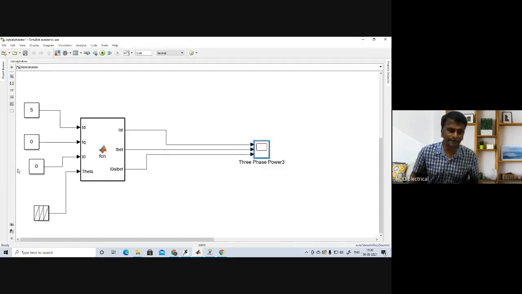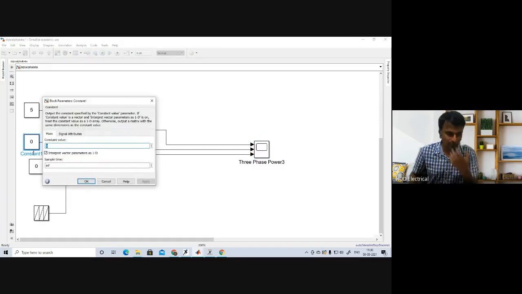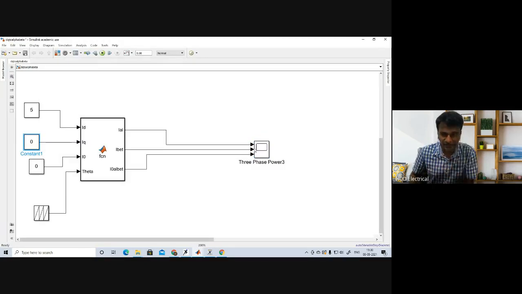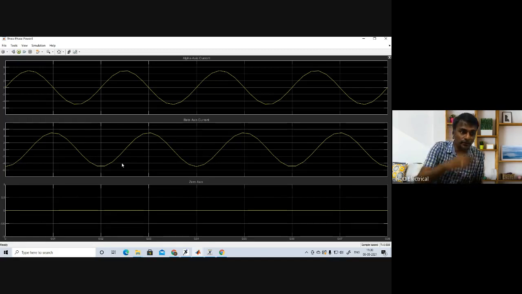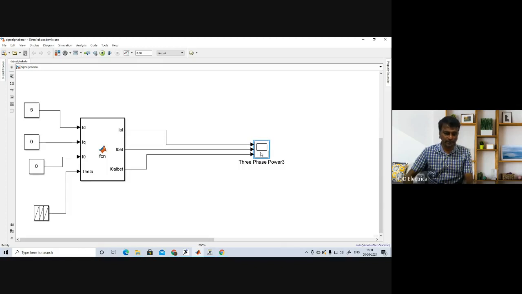At the same time, if you change the Q value, the phase angle will also change accordingly. The reason is that the angle is tan inverse of IQ divided by ID. So with this, we can conclude why these magnitudes are changing, right? I hope this is understandable.